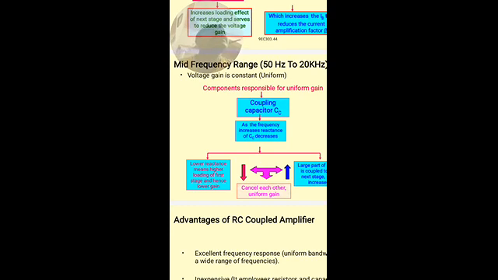In the mid frequency region, as the frequency increases, reactance decreases. The reactance of the coupling capacitor in the mid frequency region is very low, so that will increase the gain.